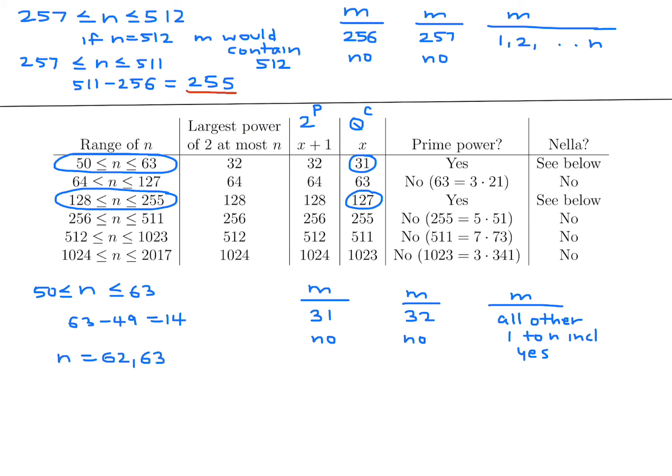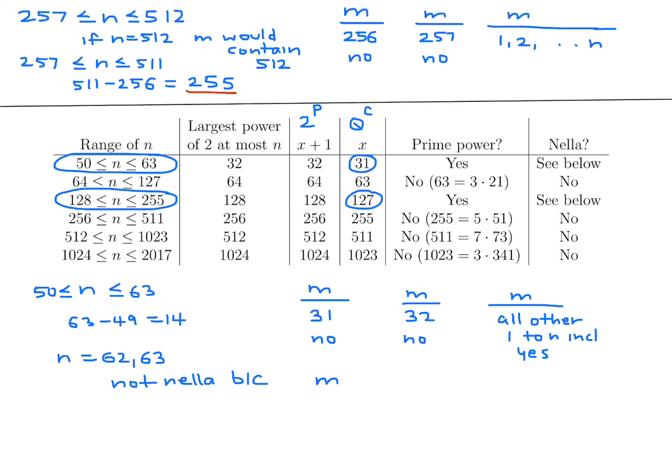And let me explain why. These cannot be Nella numbers. And the reason is because if you were to make them Nella numbers, then the m that you create would contain 62. For example, if it's 62, 62 would be part of the product. The only thing that's not part of the product is the x and x plus 1, correct? So 32 and 31 are the only two that are not.